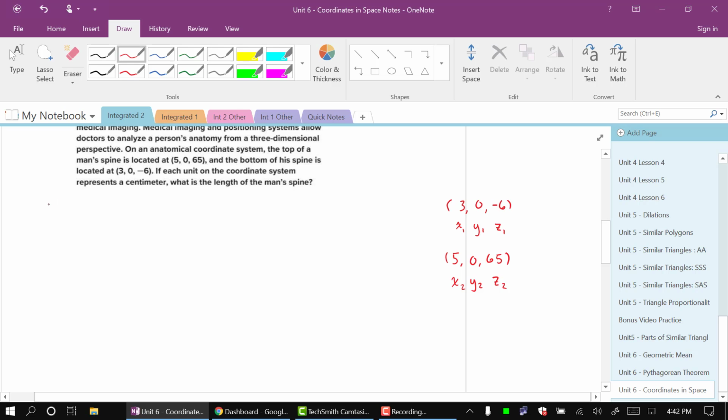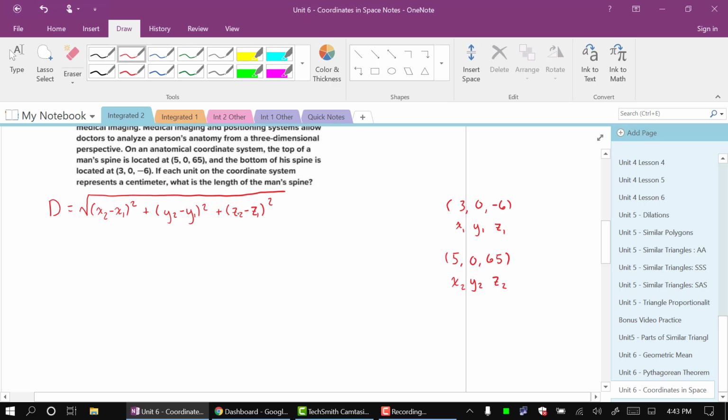So again, my new distance formula, d equals the square root of x2 minus x1 squared plus y2 minus y1 squared plus z2 minus z1 squared.